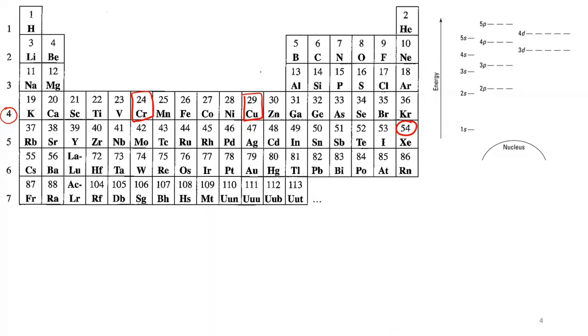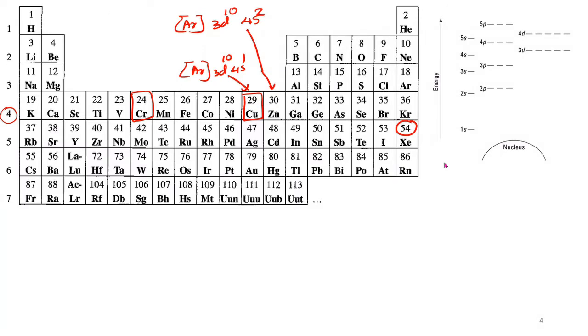Now, if you think about zinc, our copper electron configuration was argon 3d10 4s1. Then what should we get for zinc? It should be argon 3d10 and 4s2.